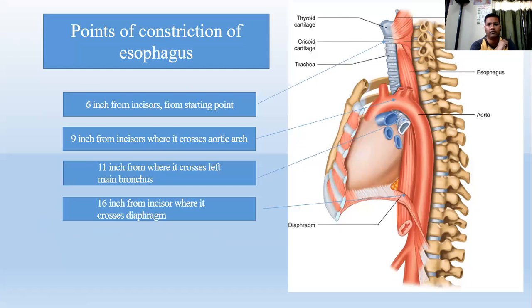Second is 9 inches from the incisors, where it crosses the aortic arch. When the aortic arch crosses the esophagus, it causes a little constriction over the esophagus.